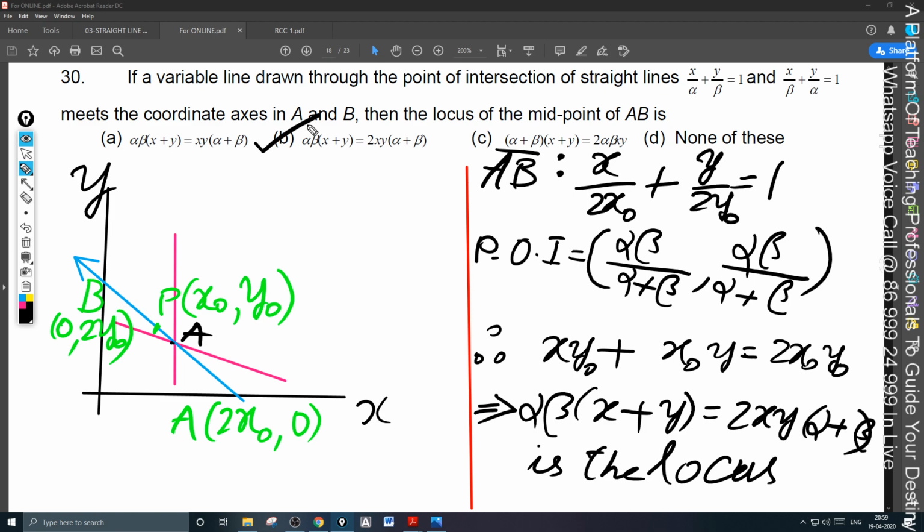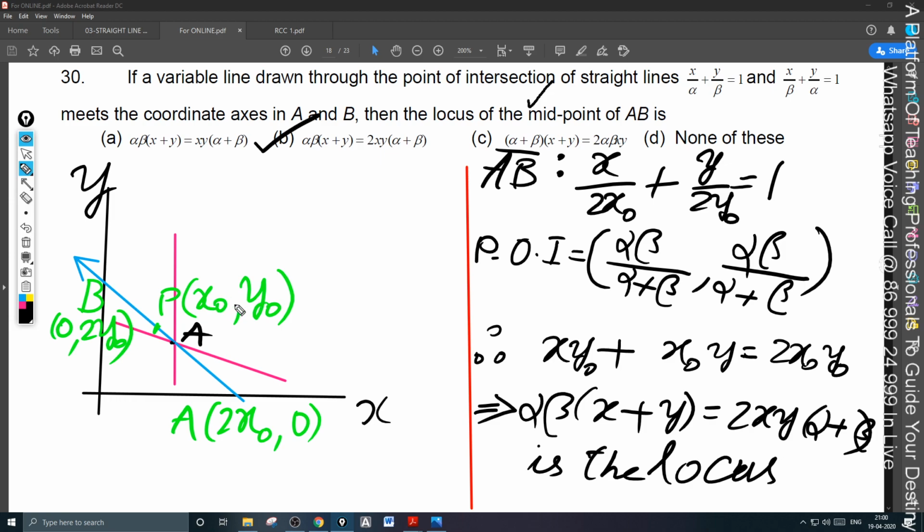This locus problem generally creates some confusion. So whenever you deal with locus problems, it is better to take the point whose locus is to be found out. Very important point. Start the problem by taking the point which is given after "the locus of" as x naught y naught.